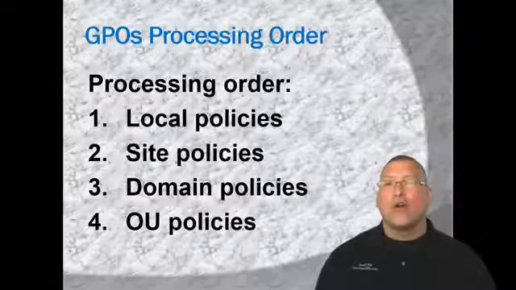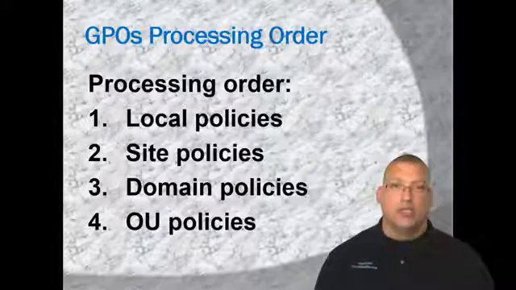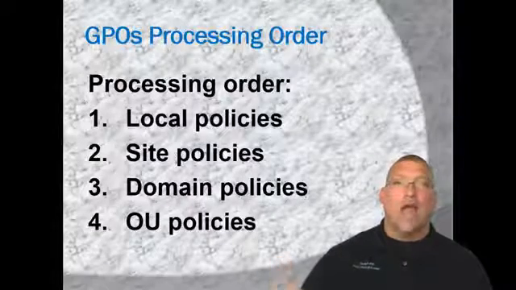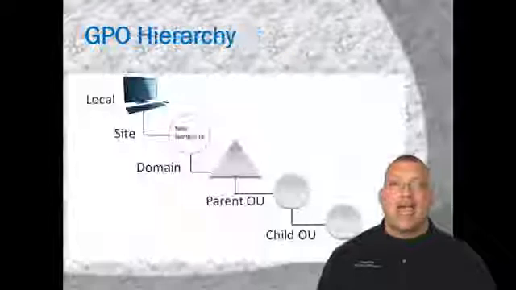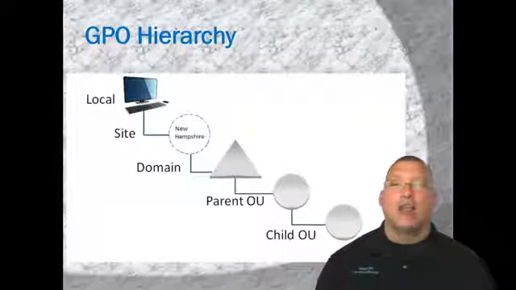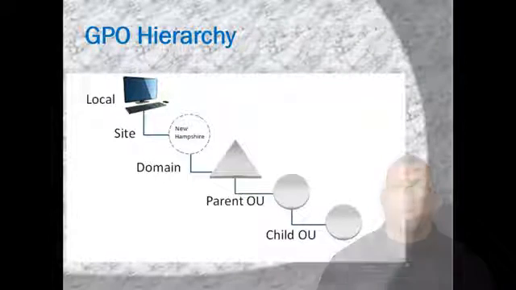So, now the real question is, what happens when you have multiple GPOs affecting multiple areas? For example, let's say that I have a GPO set on this child and this parent organizational unit.